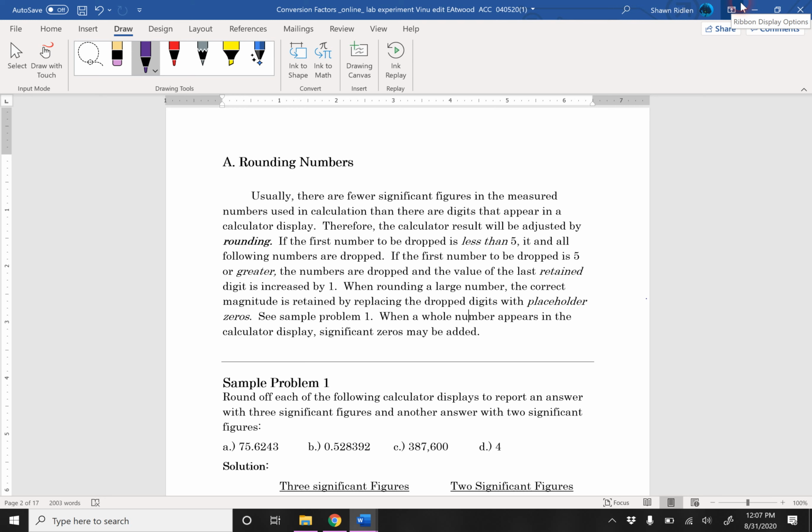But that's the one we're going to use. So if a number is less than 5, we know that it's going to make the number to its left go down. And a number, if it's 5 or greater, will make the number go up. So increase by 1, in other words. Okay, so hopefully you're pretty familiar with that already.